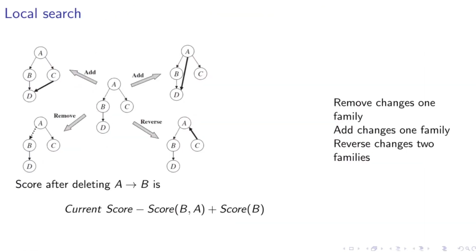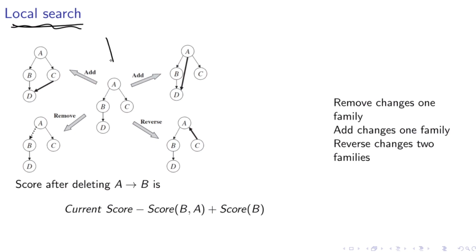Once we have a decomposable score, we can use either the local search algorithm or the greedy algorithm to solve our structure learning task. The local search algorithm works as follows.